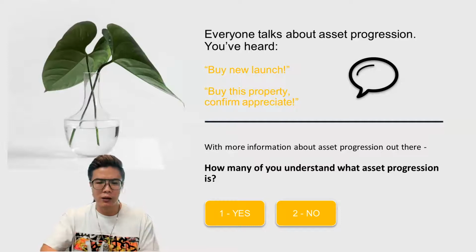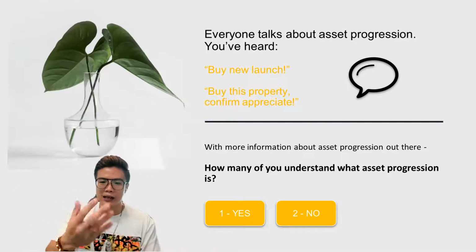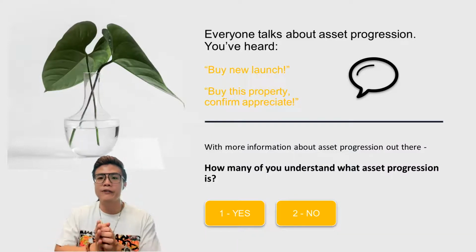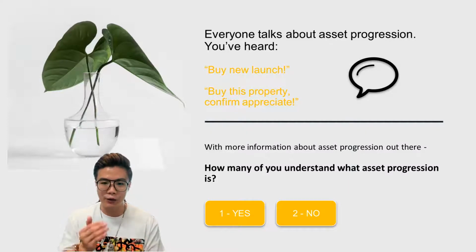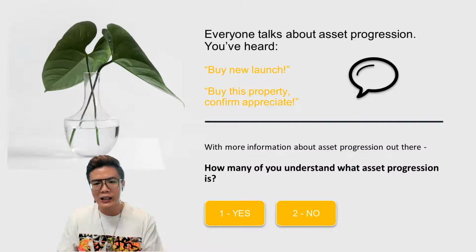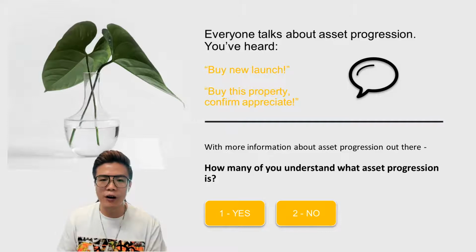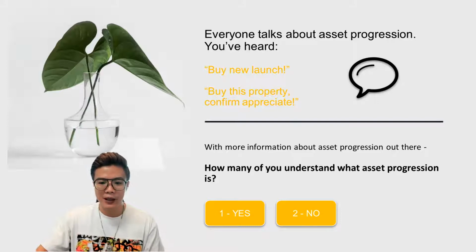Or maybe you're not sure what a lot of people are saying and you get a lot of different ideas. Maybe you can type a no that you're here to learn more. So let me understand what's your view on the ground. For those who understand fully what it is about and want to learn more, you can type a yes. And for those who are clueless at this point of time or not so sure what asset progression is about, you can type a 2, so that I can get a feel of the level of understanding that tonight's participants have. Okay, good.